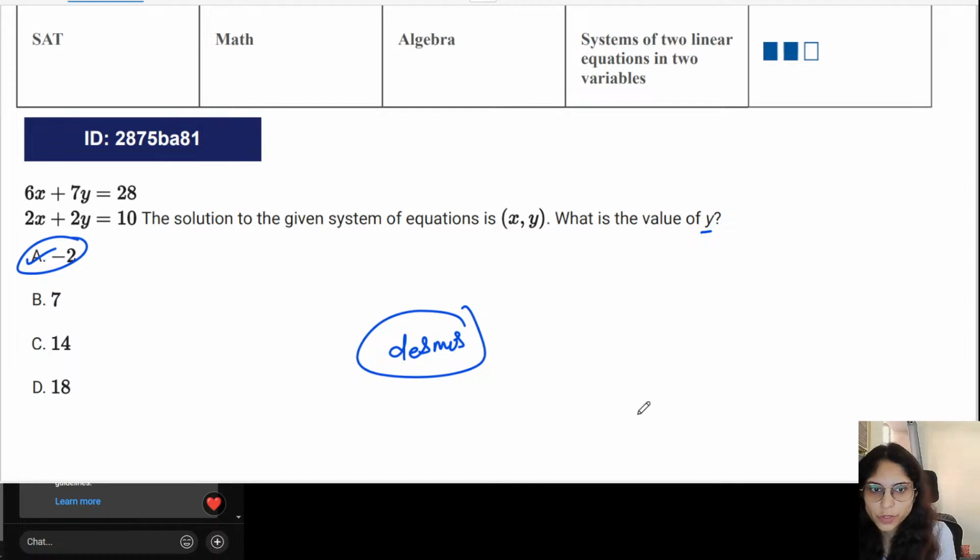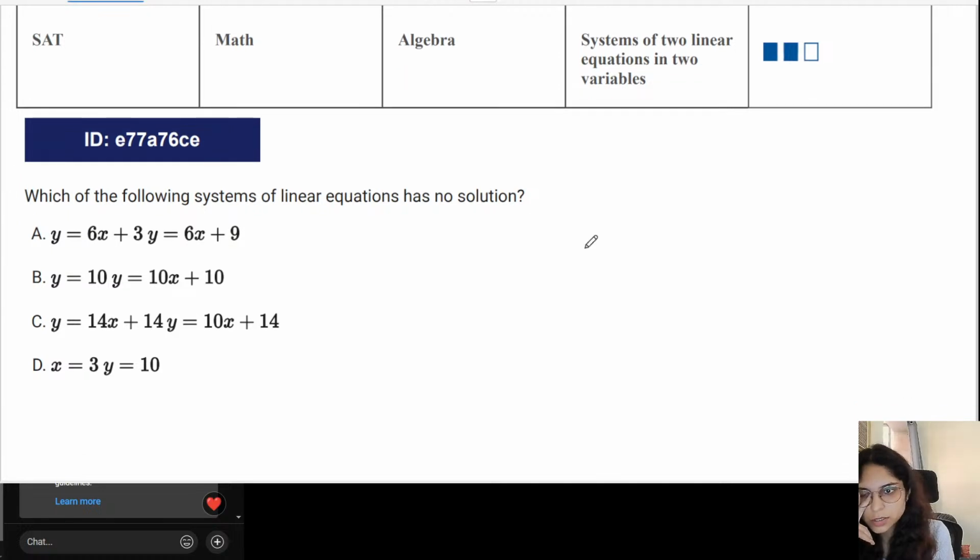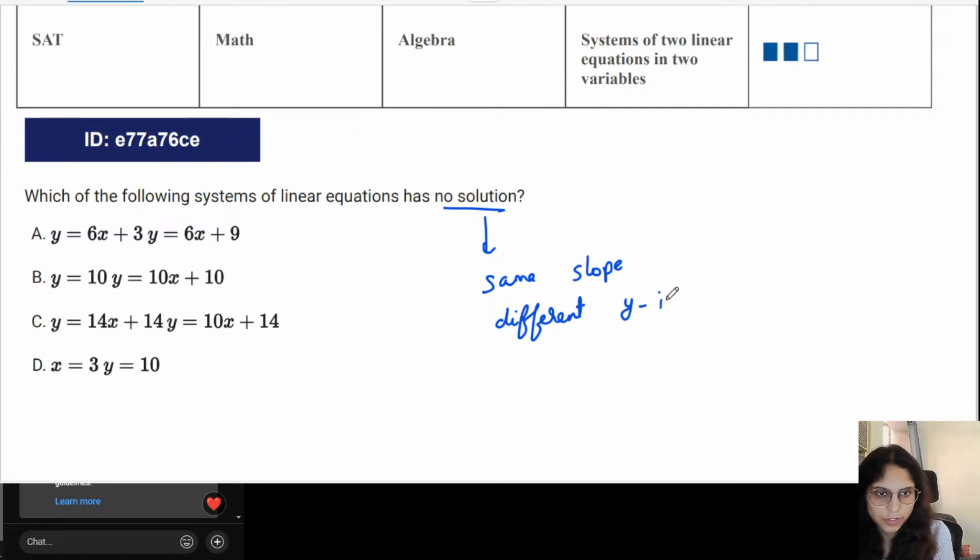Next is question number 49. They want to know which of the systems has no solution. No solution means, and they're given in slope intercept form, same slope, different y-intercept.